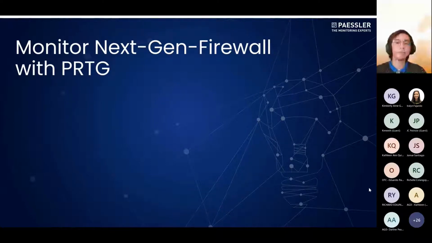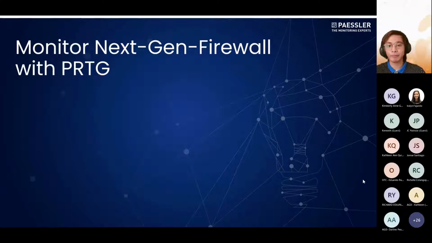The first one we call the traditional firewall, which means this function can allow or block traffic. That's the basic function of a traditional firewall. And the second one is the next gen firewall, which is our topic for today.